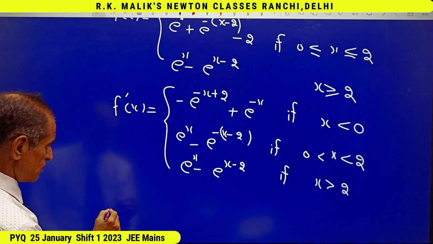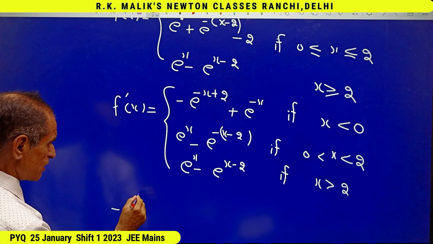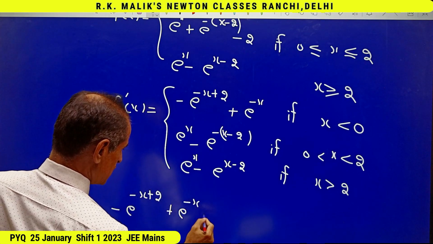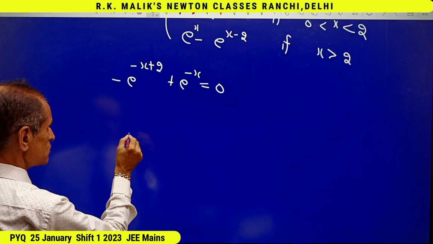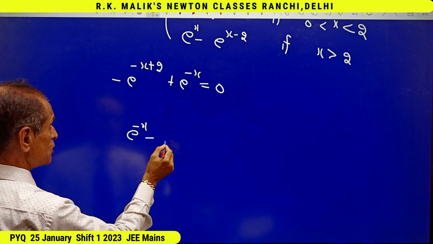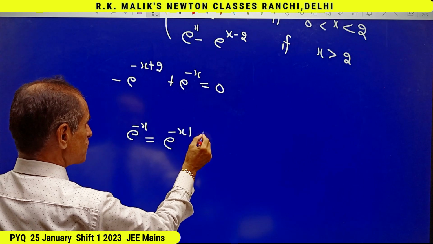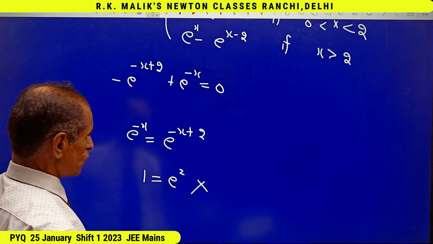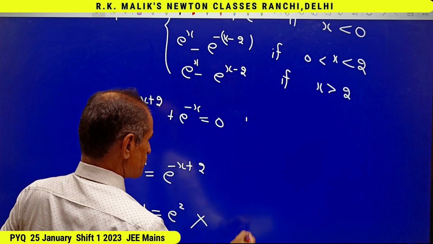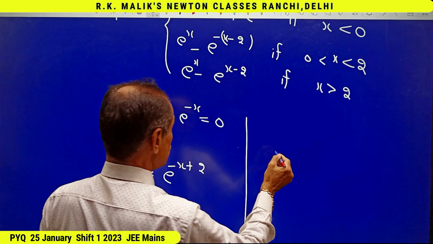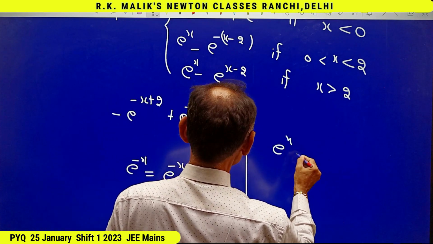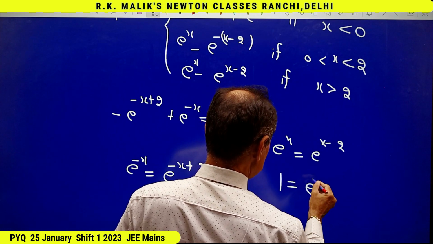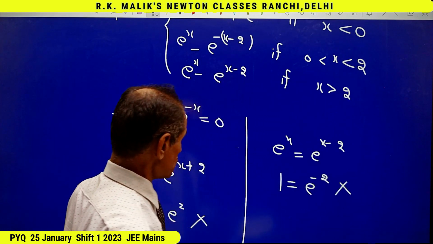See, minus e^(minus x plus 2) plus e^(minus x) equal to 0 means e^(minus x) is equal to e^(minus x plus 2), that is 1 equal to e square, which is not possible. Similarly, if I put this equal to 0, e^x is equal to e^(x minus 2). This means 1 is equal to e^(minus 2). Again, not possible.